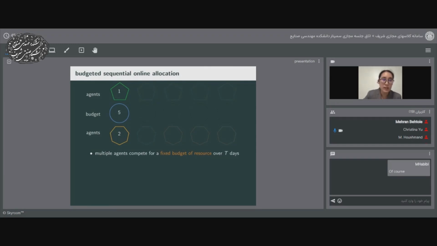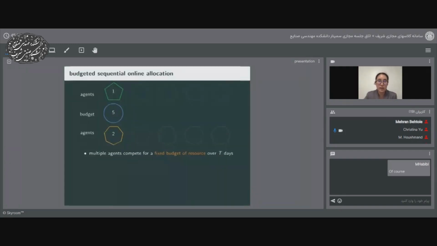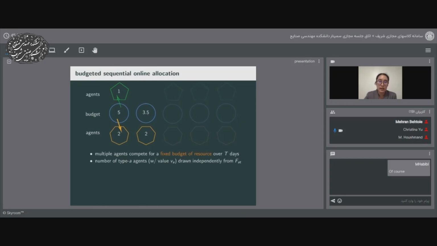The decision-making agent needs to decide how much of this budget to allocate at time 1, and how much to save for the subsequent times. So it can decide, maybe I'll allocate 1 unit of the resource to the agent of the yellow type, and then half a unit to the agent of the green type, and then it only has 3.5 remaining units left for the second round.